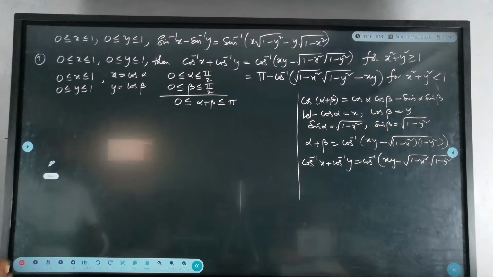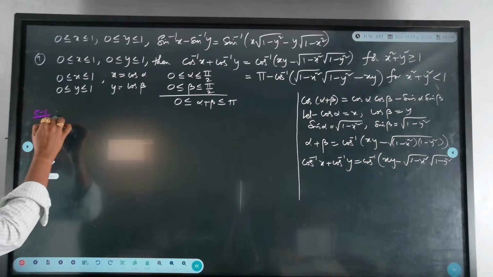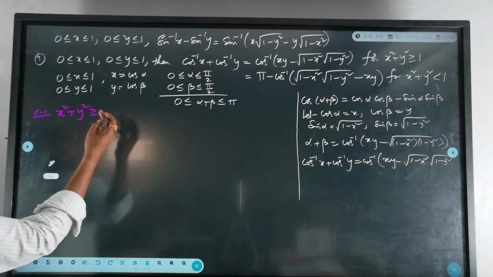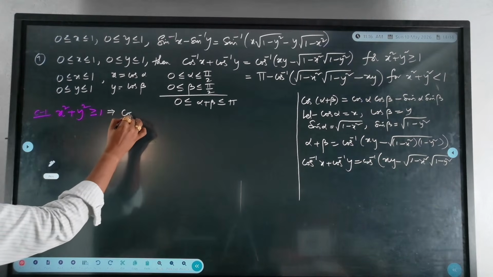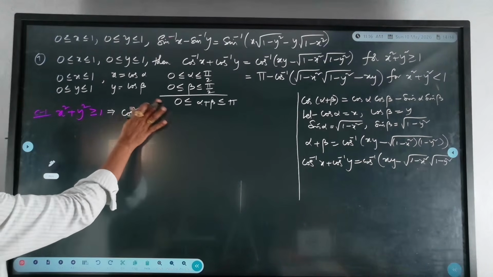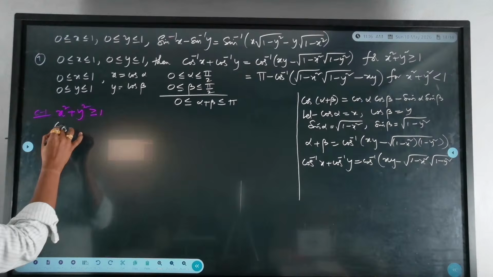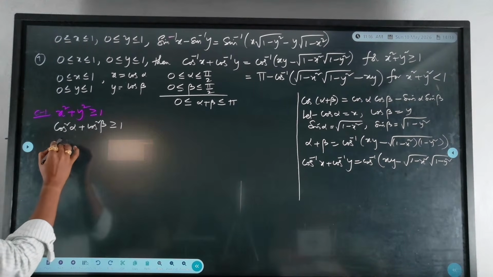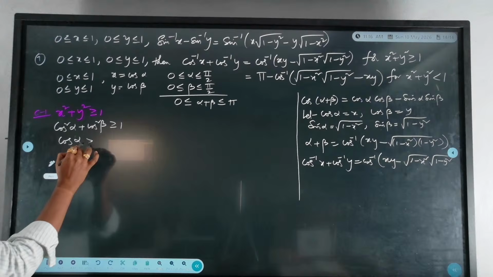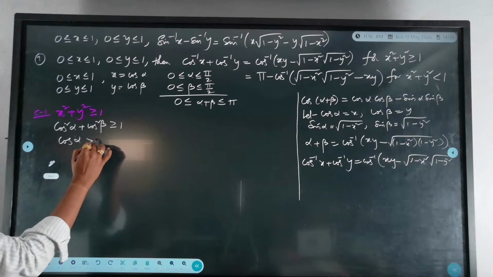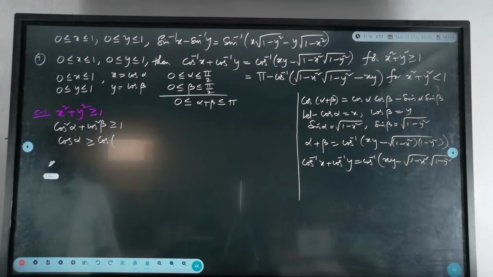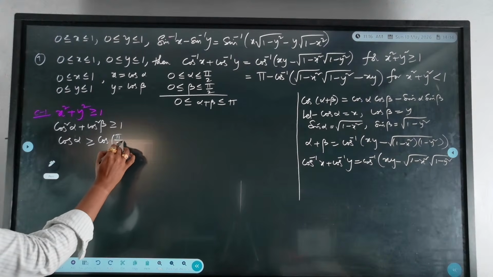So what is case 1? x square plus y square greater than or equal to 1. Cos square alpha plus cos square beta greater than or equal to 1, so cos alpha is greater than or equal to cos of 90 minus beta.